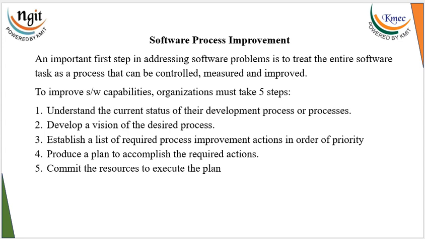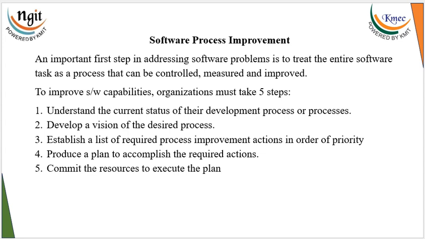Next, they need to establish a list of required process actions. This list helps in improving the actions based on priority, and this priority will lead to adding additional functionalities to the software.